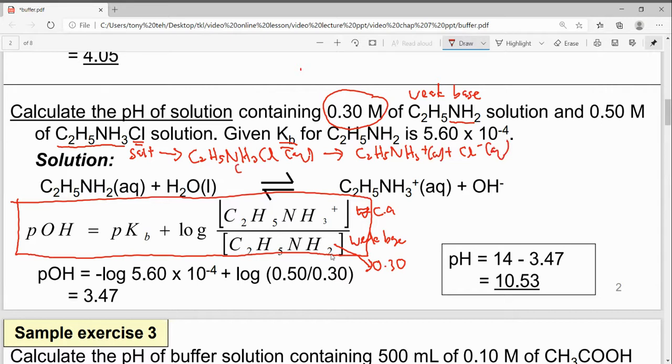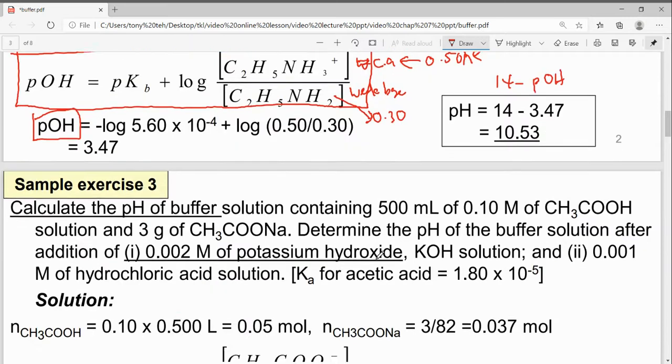Because salts completely dissociate, 0.5 molar of salt gives 0.5 molar of C2H5NH3 positive ion, which is the conjugate acid. So substitute 0.50 inside, which comes from the salt. Then you get pOH, not pH yet. After that, you can find pH by 14 minus pOH.